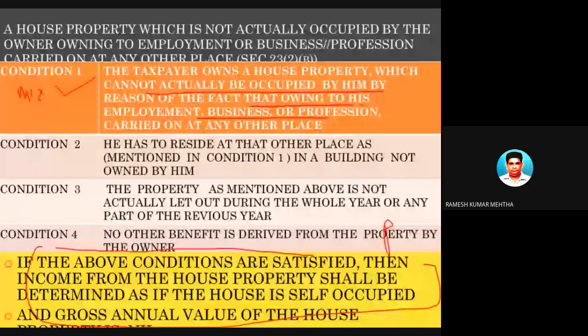The house property in Bangalore is not occupied by him because he is doing a job in Pune, and Pune and Bangalore are two different places. Condition 2: he has to reside at that other place in a building not owned by him. In Pune, he is residing in a house which is not owned by him.